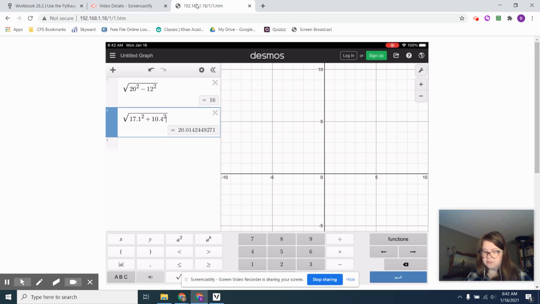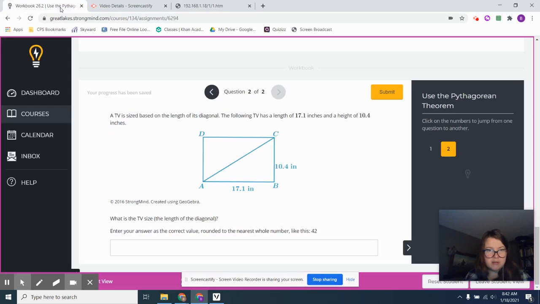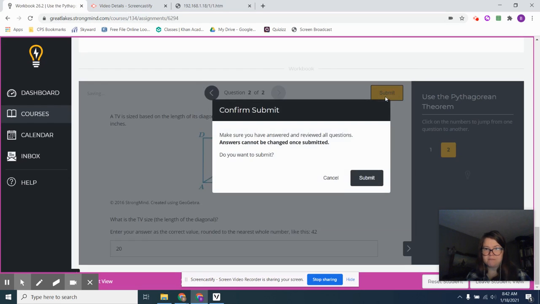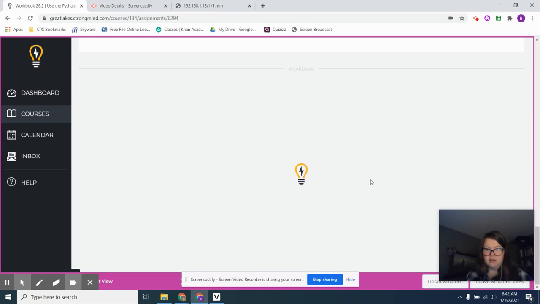And I get 20.01, so I'm going to just round. Let me see if I'm supposed to round. So I get either 20.1 or just 20. It says the whole number, so just 20. That would be a 20-inch screen, would have those measurements. Okay, so that is the end of Workbook 26.